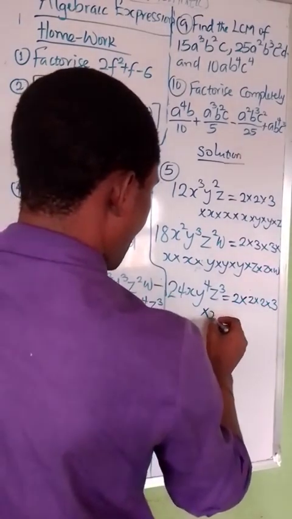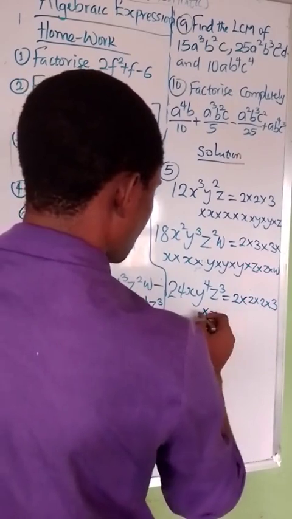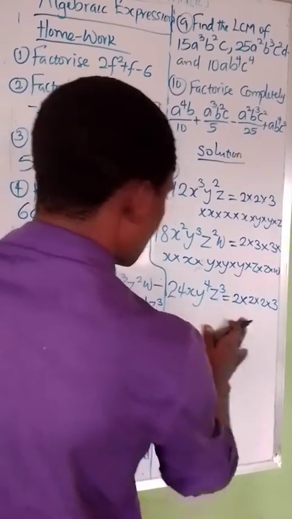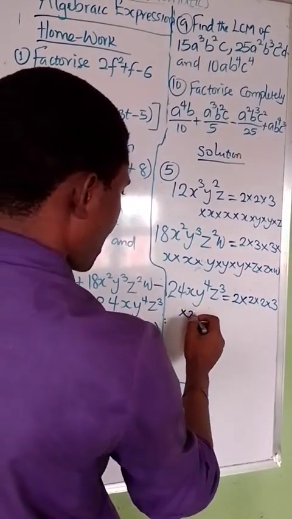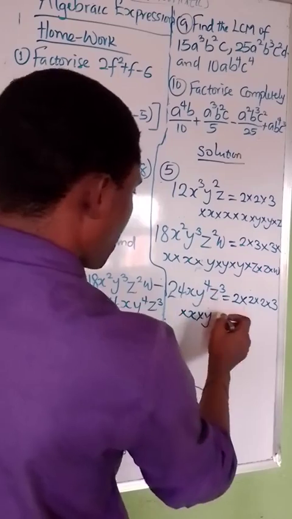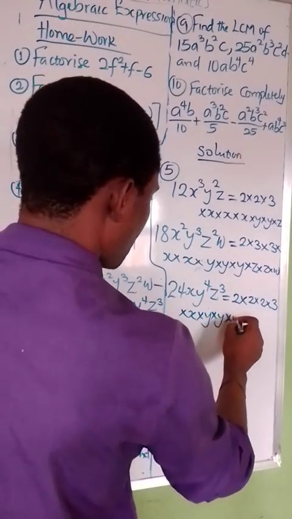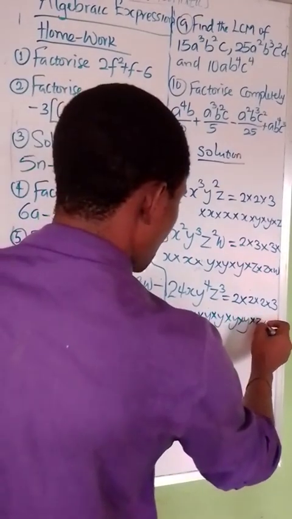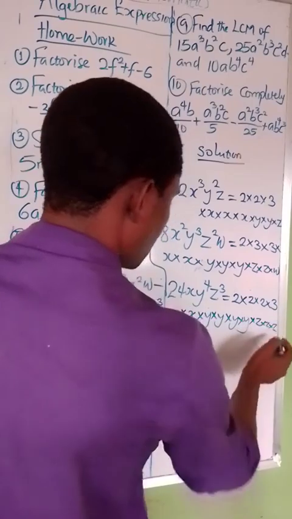Then times x, times y raised to power 4, that's y times y times y times y, and z is 3 times, z times z times z.